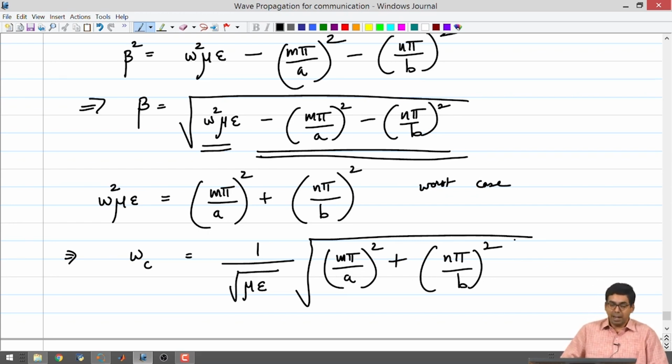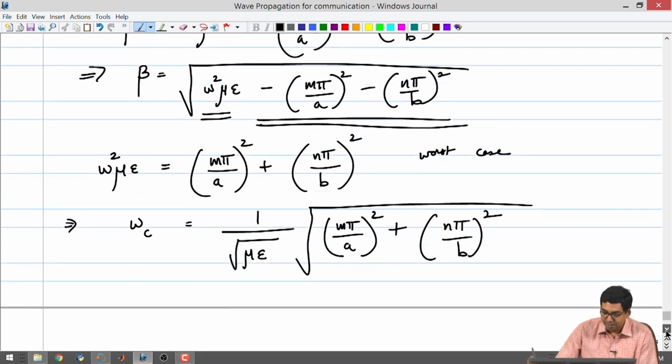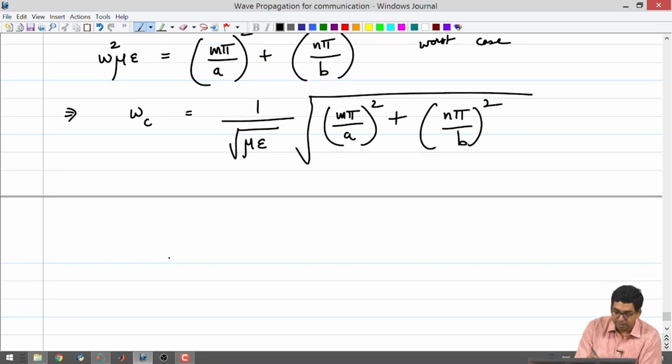So, you can say that any frequency of your signal higher than this frequency has a real value of propagation constant, beta, so you will end up having a travelling wave. Whatever signal you are giving has to be higher than this cutoff. So, you can say that omega input should be higher than omega c for you to have any travelling wave inside of this waveguide.